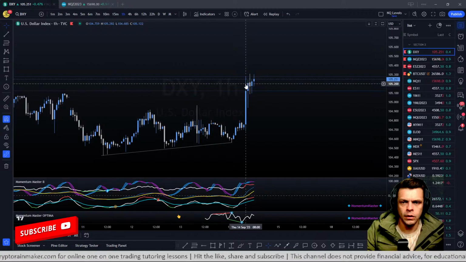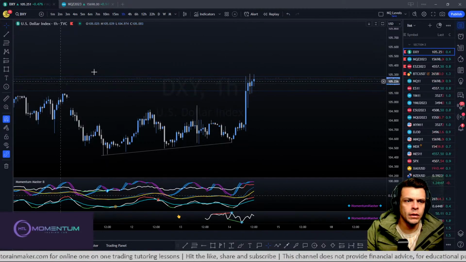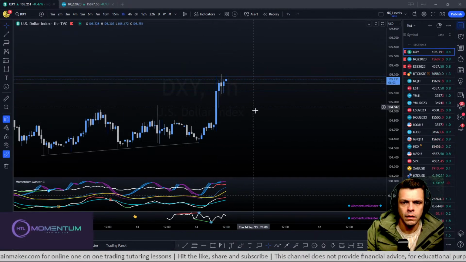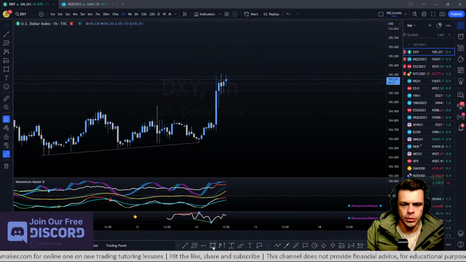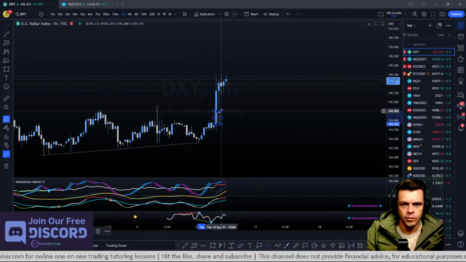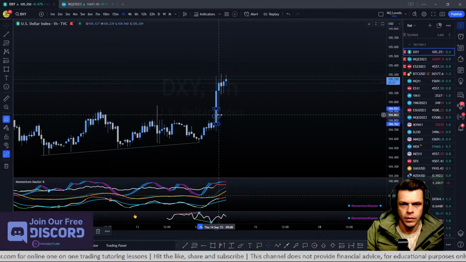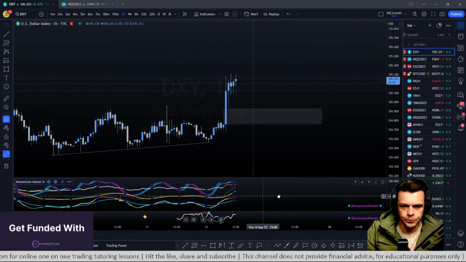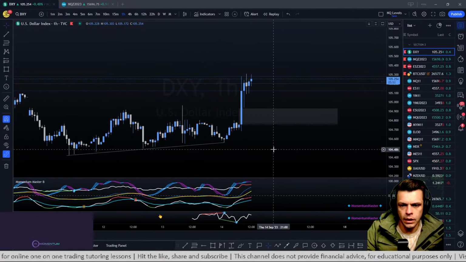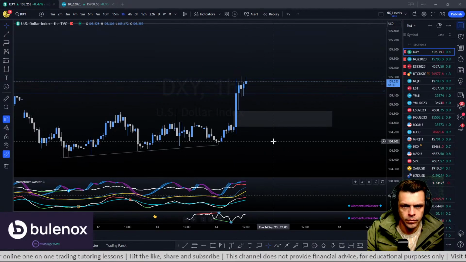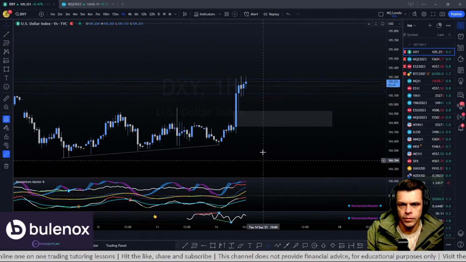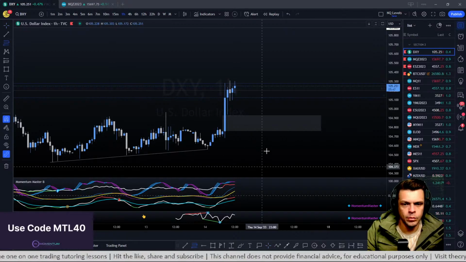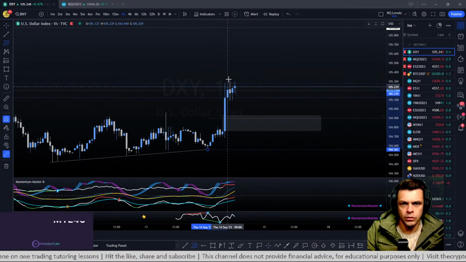So it does look like the dollar is kind of running out of steam in that volume imbalance again. And then we have this fair value gap right here. You can see on the 1 hour, everything is overextended. Also get a fib from this low to the high.